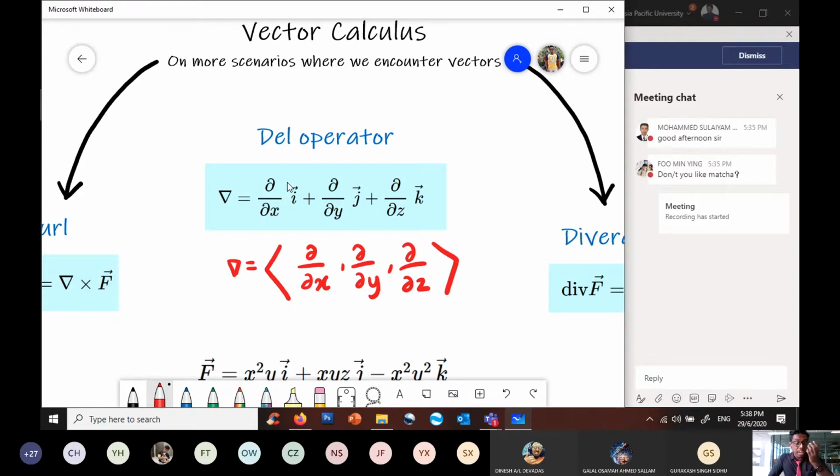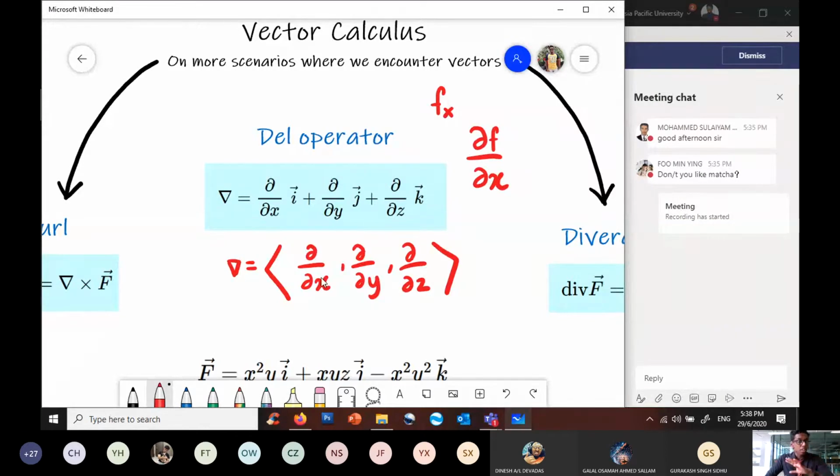So if I am differentiating a multivariable function with respect to only variable x, I can either write it as f with a small x here, or it means the same thing if I write it as dou f over dou x. I am currently doing a partial differentiation where I am only differentiating with respect to x.